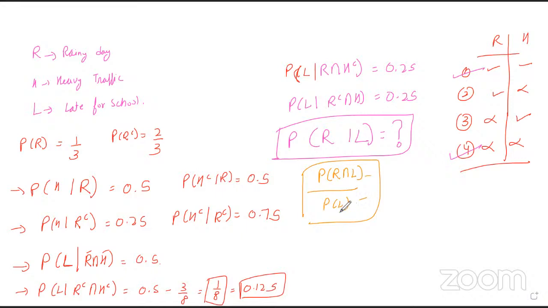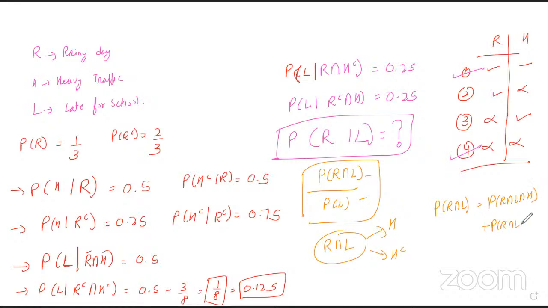Yes, sir. Okay, so rain and being late, right? There are only two possibilities: either there is heavy traffic or no heavy traffic, right? Yes, sir. So to compute this, I can compute these two probabilities.